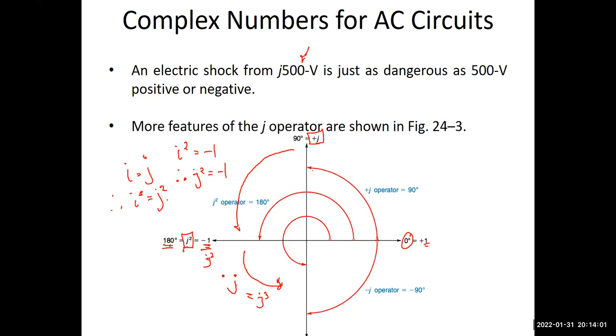So, we all know from our previous discussion that I cube is equal to negative I. So therefore, if I is equal to J, then I cube is equal to J cube. So that will now be equal to negative J. Okay? Kaya this will now be negative J.